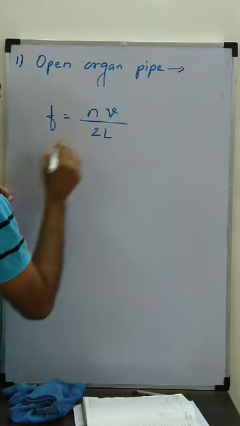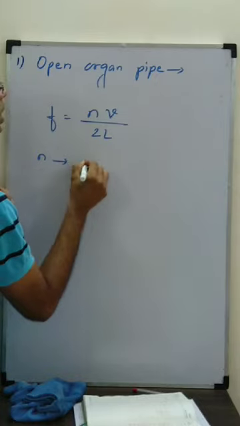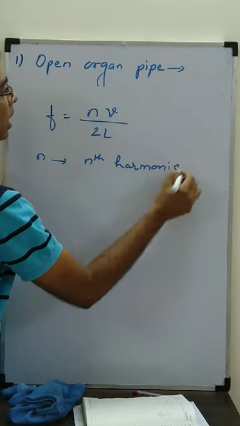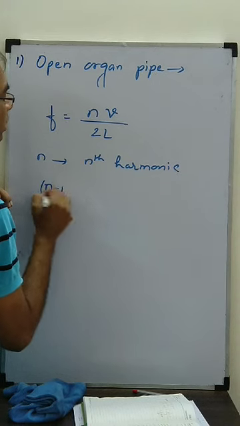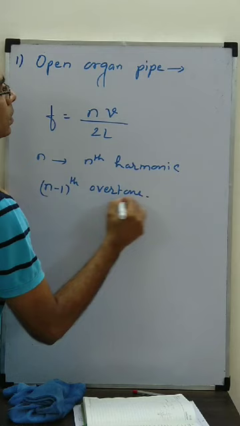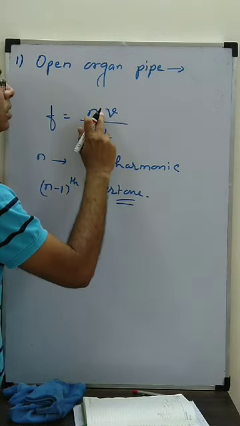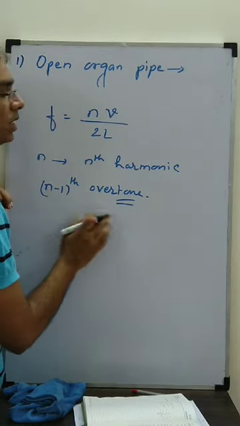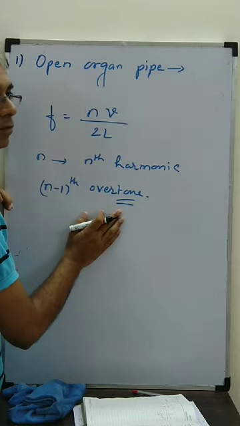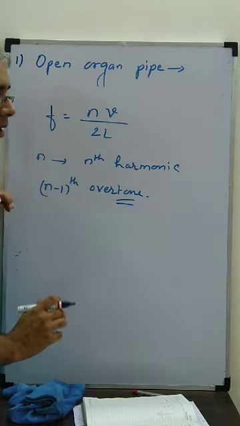And what is this n? n is the nth harmonic. It represents the harmonic, and this is also the (n minus 1)th overtone. If this is third, 3V by 2L, then it is the second overtone. If n is 5, then the overtone is 4th. This is for open organ pipe.